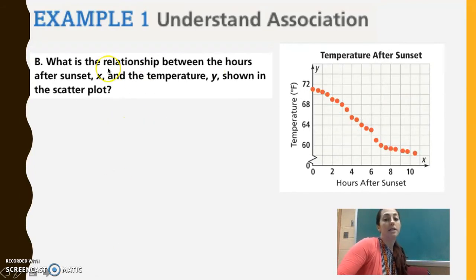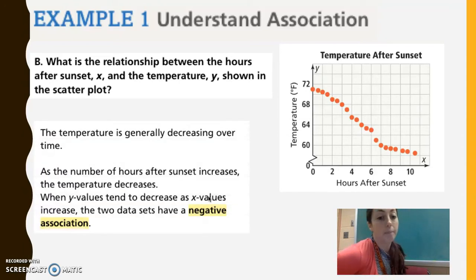And then still more association, but now we're talking about the hours after sunset, so after the sun goes down. Remember at sunset it was about 71, and now we're going down to about 58. So as time goes on, the temperature is going down.